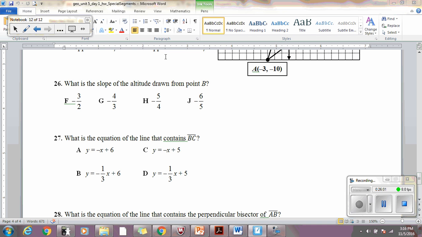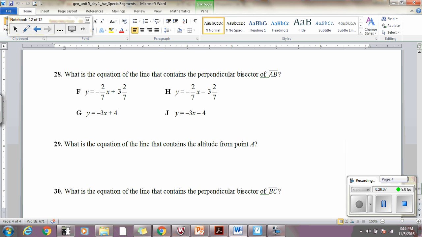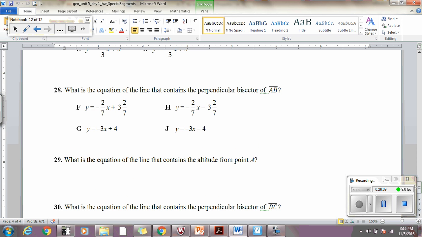All right, and our last question, number 28. Oh, no, it's not. Sorry. Number 28 says, what is the equation of a line that contains the perpendicular bisector of AB? So on this one, I've got to find the slope of AB and then its opposite reciprocal.